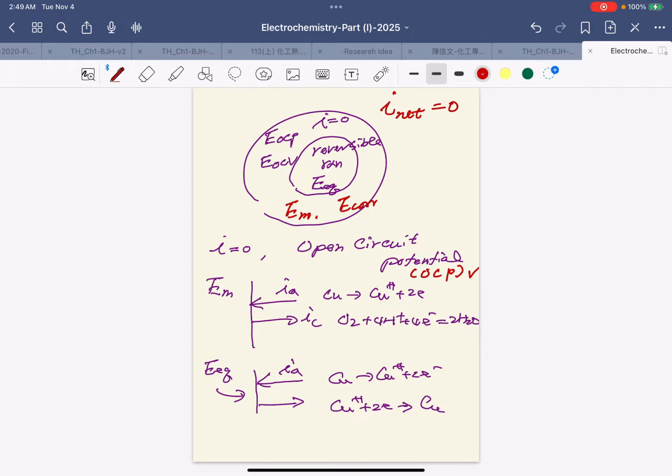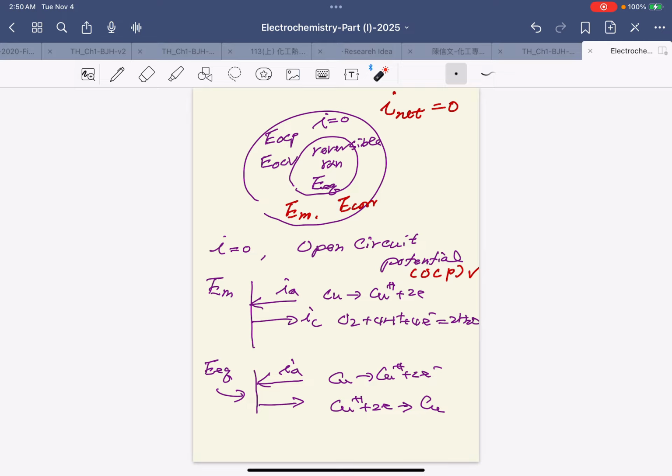If at the equilibrium potential, as I just mentioned, this reaction should be reversible. The oxidation and reduction should be reversed. Then we can call it equilibrium potential. Otherwise, if these reactions are different, like we mentioned in the corrosion, in the Pourbaix diagram, the oxidation and the oxygen reduction reaction are 2 different reactions. So that is what we call E mix, or no matter which one, you can call this open circuit potential.